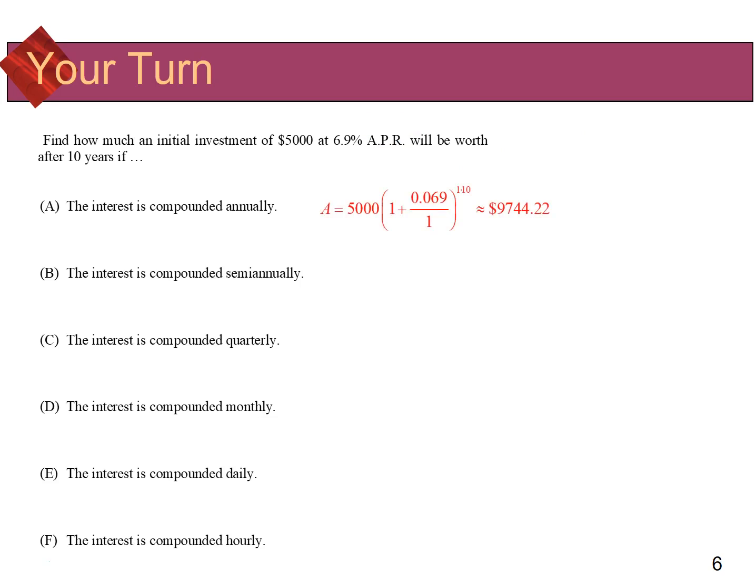So the first one I see is when I plug in $5,000 and do it annually, I get about $9,744.22. So if I'm doing 6.9% each year for 10 years, just once a year, that's how much I'm going to get. Now, if I take that percentage rate and compound it semi-annually, which means twice in a given year, so essentially I would take that 6.9% or 3.45% and apply that to the $5,000 midway through the year, and then towards the end of the year, apply another 3.45% to the new amount that I had grown from before.